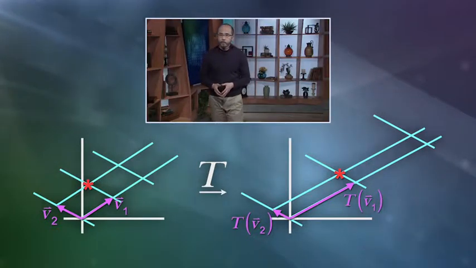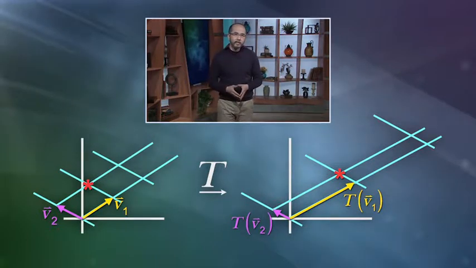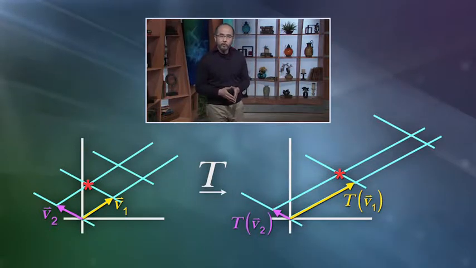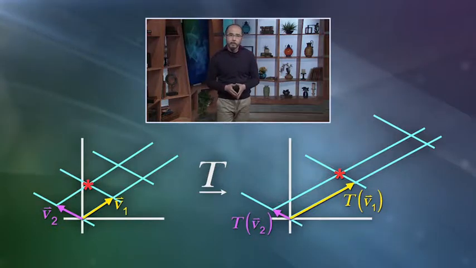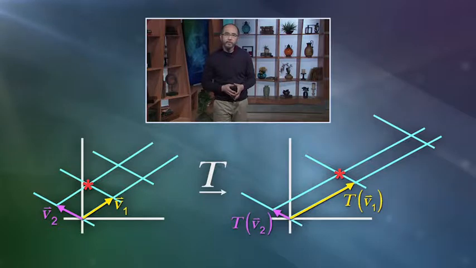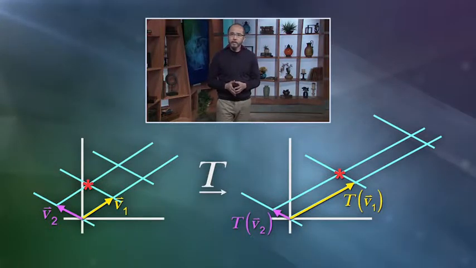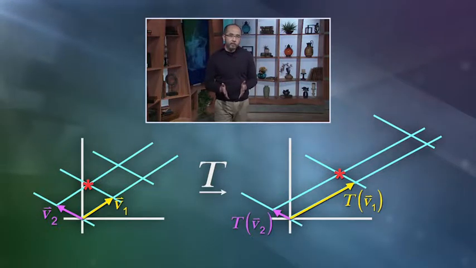For instance, if you look at this vector v1, it gets sent to T of v1, which is a multiple of itself. So it is an eigenvector, and the scaling factor is the eigenvalue. The eigenvector nearly doubled in size under this transformation, so we can see the eigenvalue is about 2.